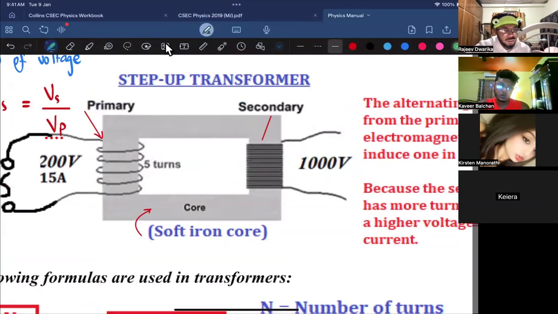If you say 1,000 over 200, what is 1,000 divided by 200? 5. What is the significance of 5 here? 5 times more turns and 5 times more voltage. Do you understand that?